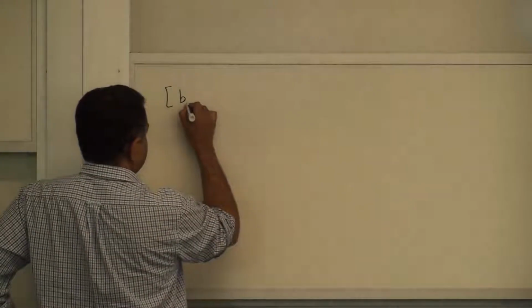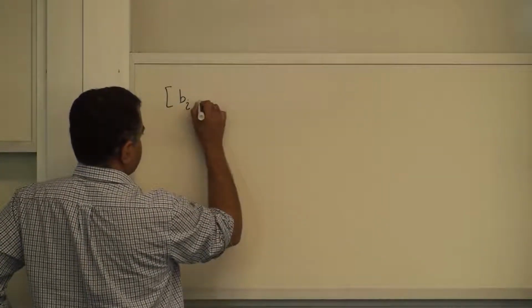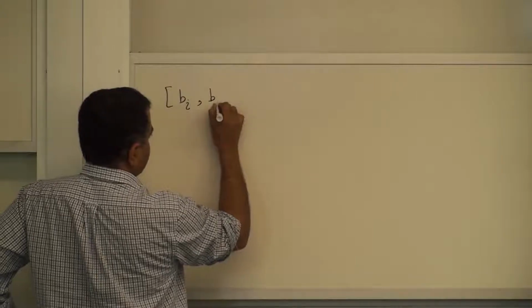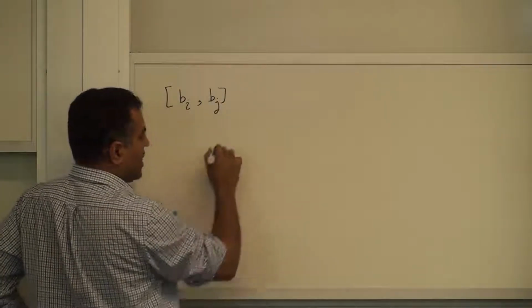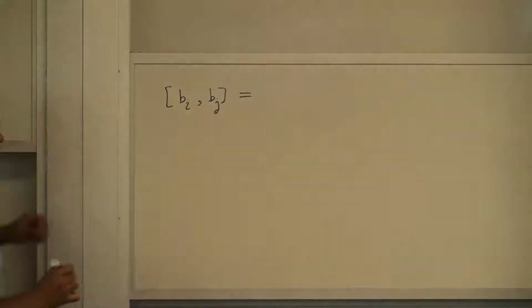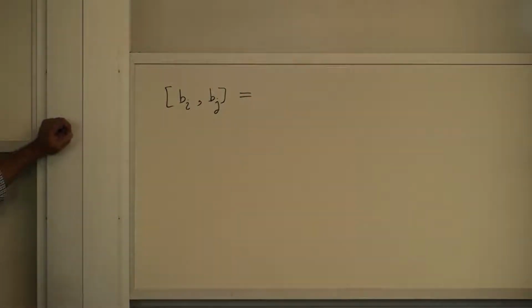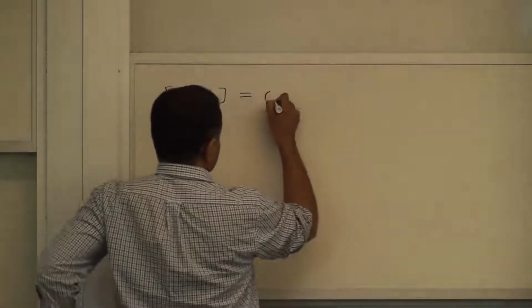It's just three relations. If I take the annihilation operator of the ith orbital and the annihilation operator of any other orbital j, which could be equal to i, what will I get here? If both are annihilation operators, you will get a 0. This is for bosons.